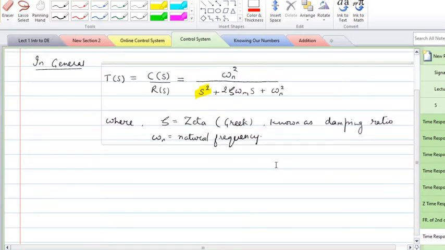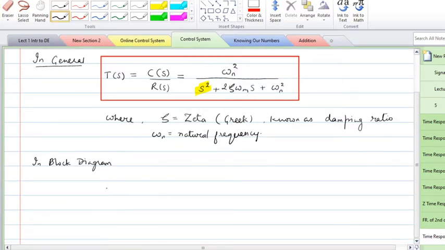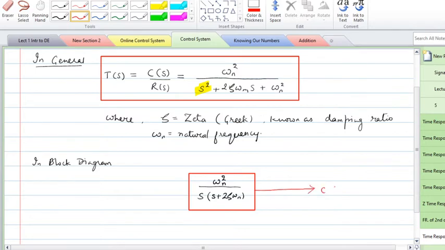Okay, if we express this second order control system as a block diagram representation, then it can be represented like this: we have to set a forward path transfer function omega n square divided by s times (s plus 2 zeta omega n), with C(s) as the output.